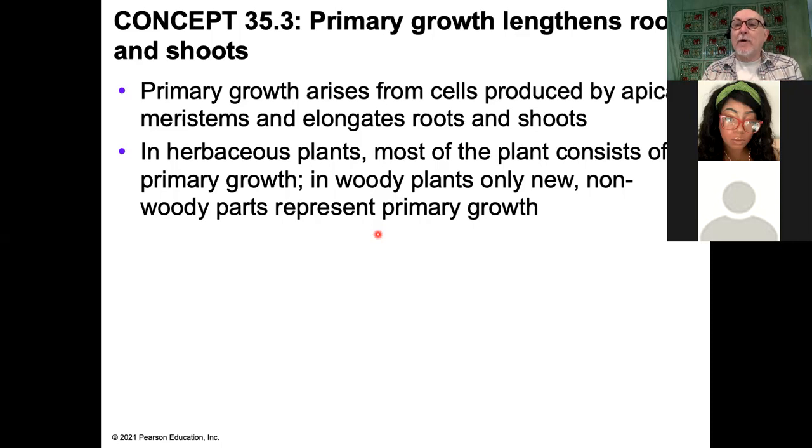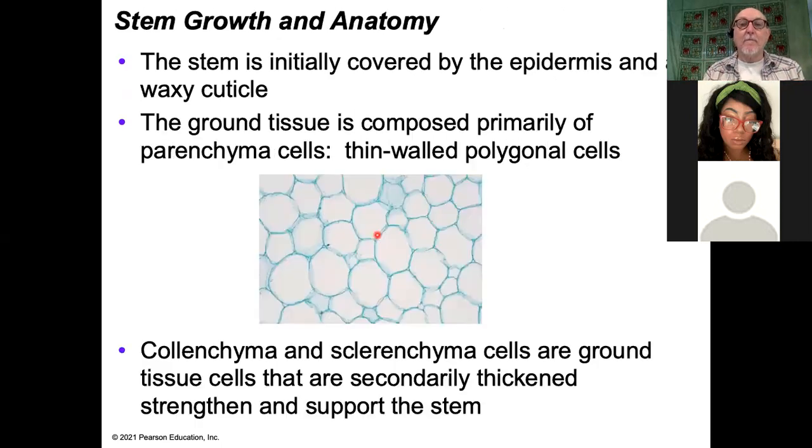Wood is the result of processes that occur during secondary growth. And in something like a tree, both processes are going on at the same time. You've got primary growth going on at the tips of the branches, and you've got extensive secondary growth occurring further down the plant.